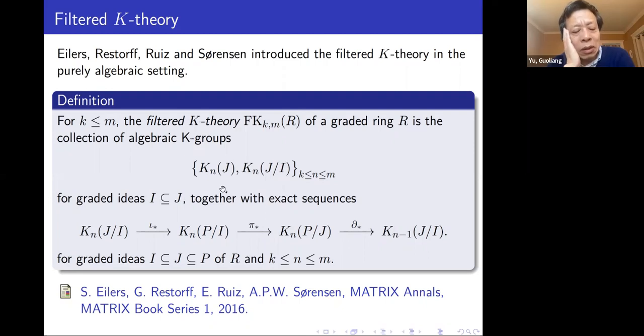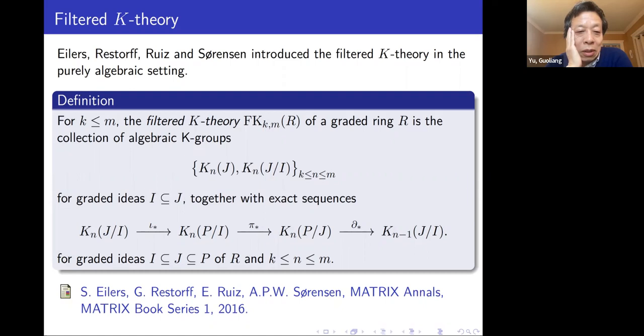I wonder how this is related to the K groups that Abi, Oyano, and myself introduced. Sometimes we call it the quantitative K group, but we introduced those K theory for filtered C-star algebras quite many years ago.